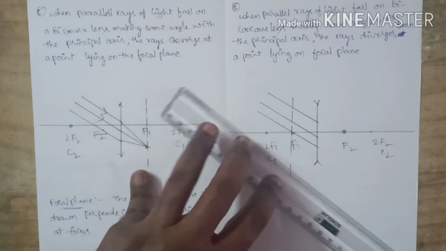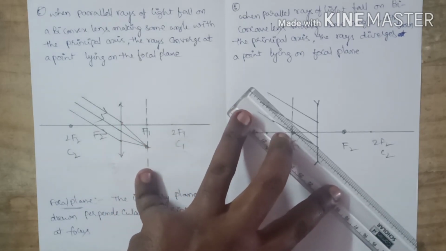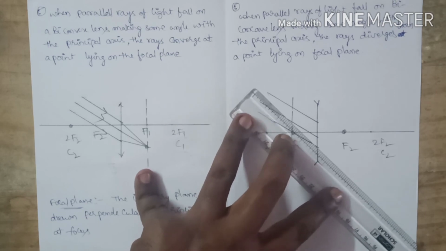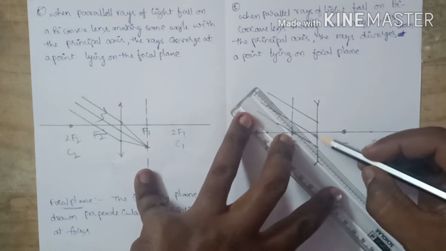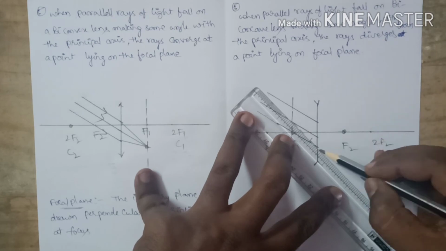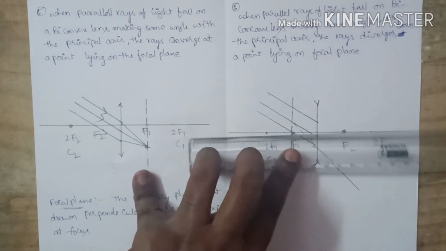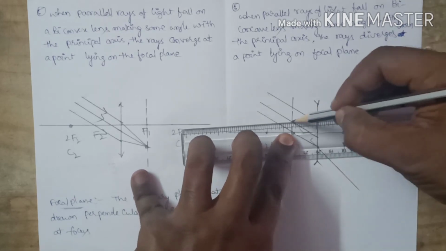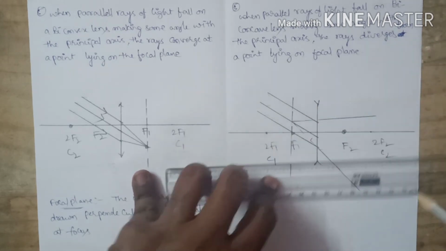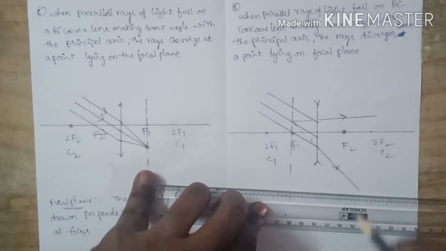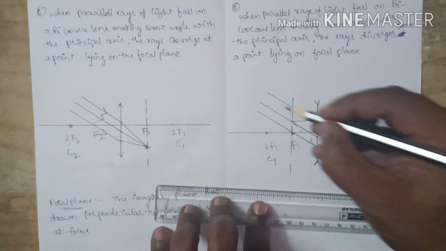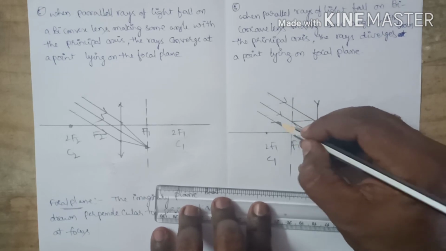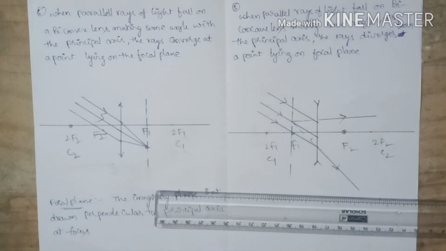They undergo the process of deviation, but they appear to be coming from a point. That point is called the focus. This focus is not a real focus. It is an apparent focus in the case of a biconcave lens. So, the light rays are deviated by a biconcave lens. A biconcave lens always deviates the light rays in both directions.